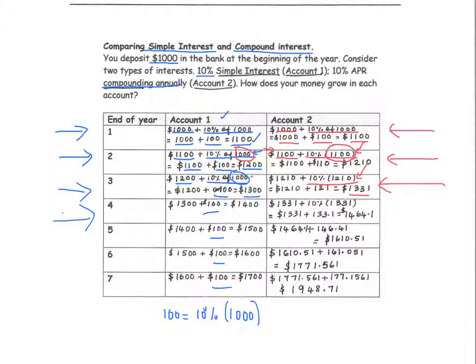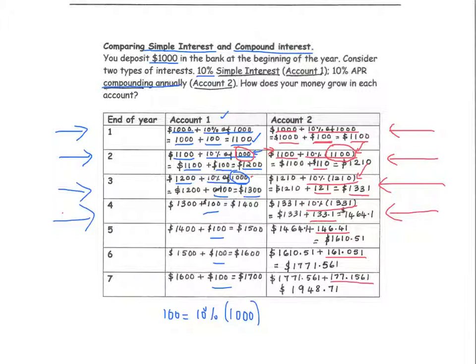Now, in the compound interest case, what gets added on every year is 10% of the existing amount. If you notice these numbers, the first year we add 100, the second year we add 110, the third year we add 121, the fourth year it's 133.1, the fifth year we add 146.41, the sixth year we add 161.05, and the seventh year we add 177.1561.